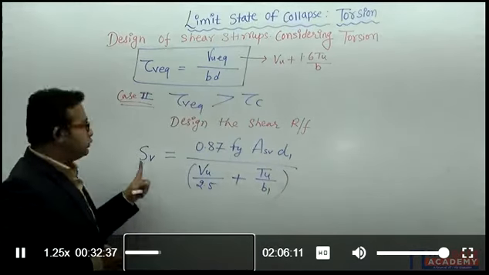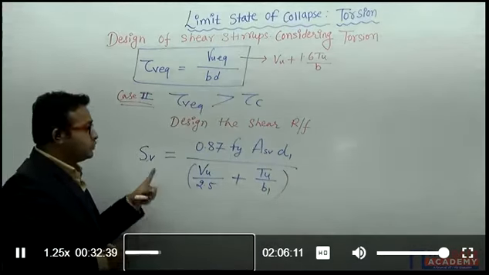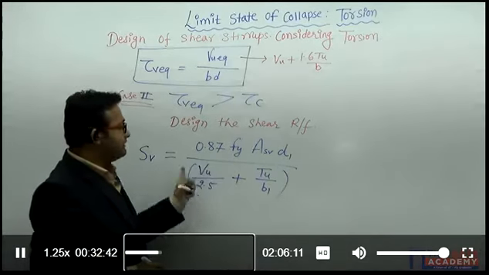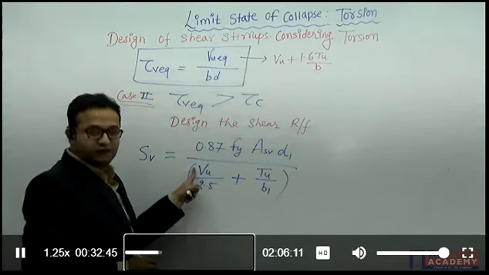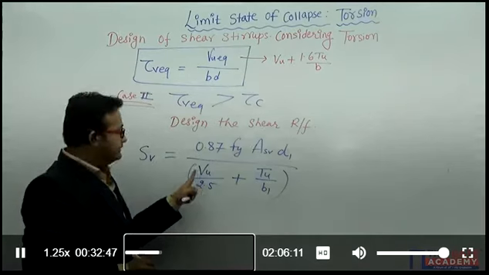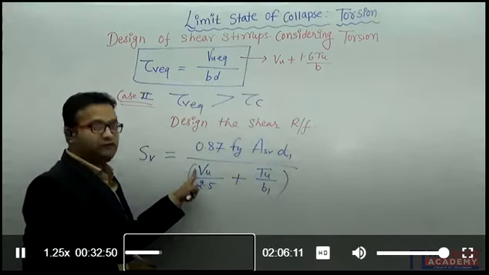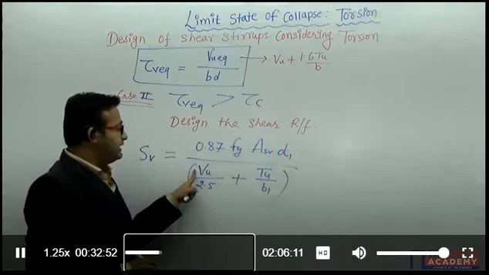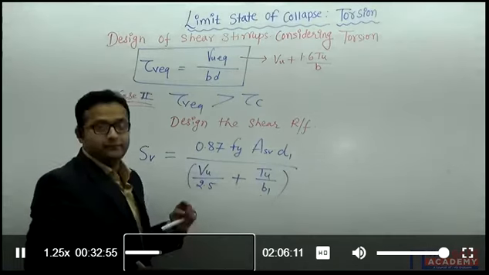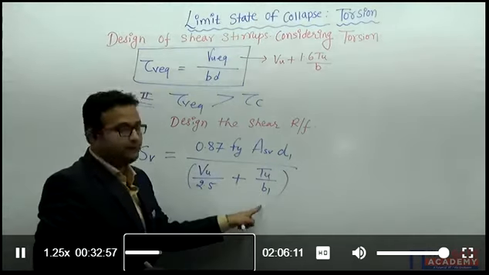This is the formula to calculate spacing. So ASV, Fy, everything I know. Vu is the maximum shear force near the support. That value Vu I am taking here, not Vu equivalent. And B1 and D1, we will see what B1 and D1 are.